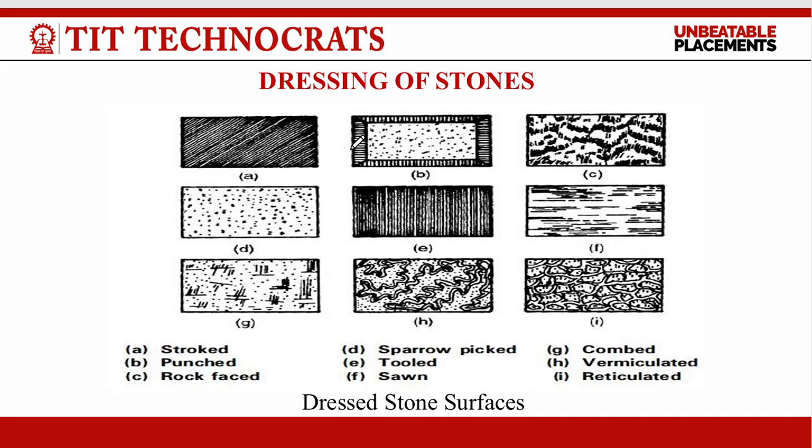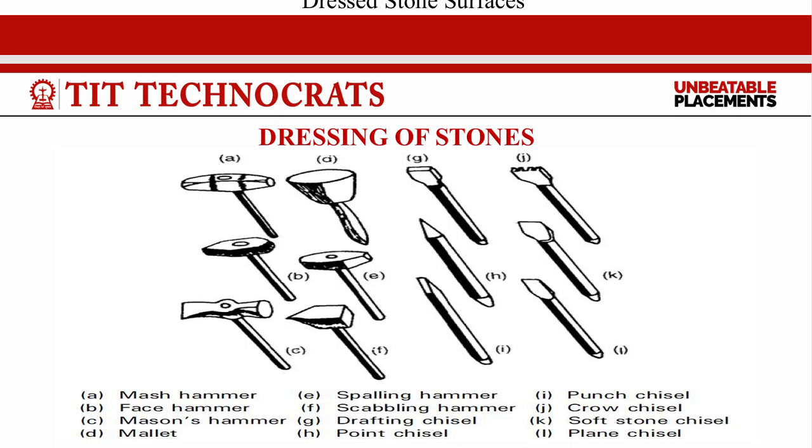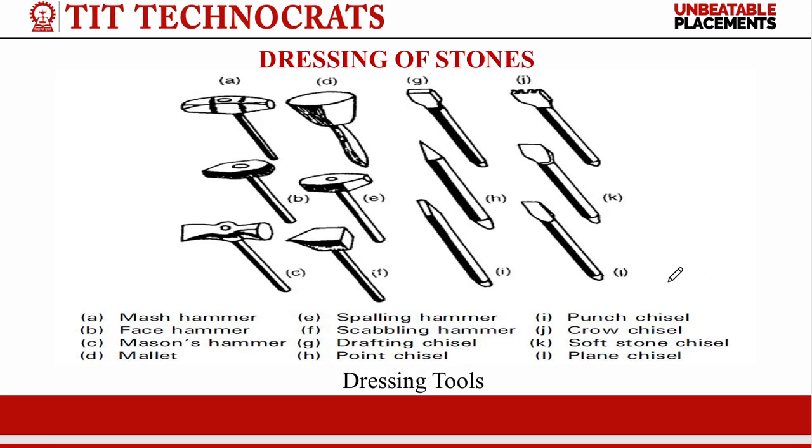The stone surface is finished by means of a chisel, leaving parallel continuous marks, either horizontal, inclined, or vertical. Different textures are created by such types of dressing tools.